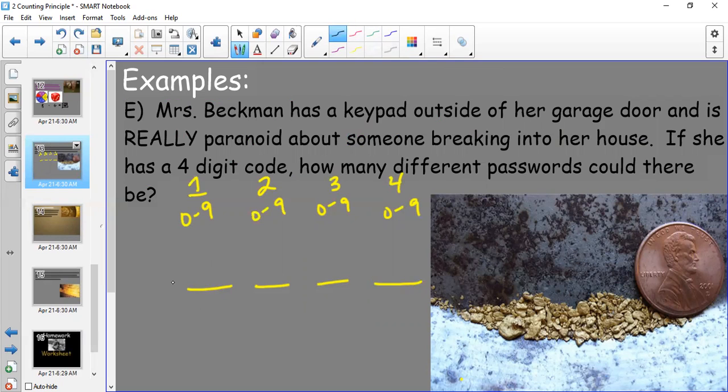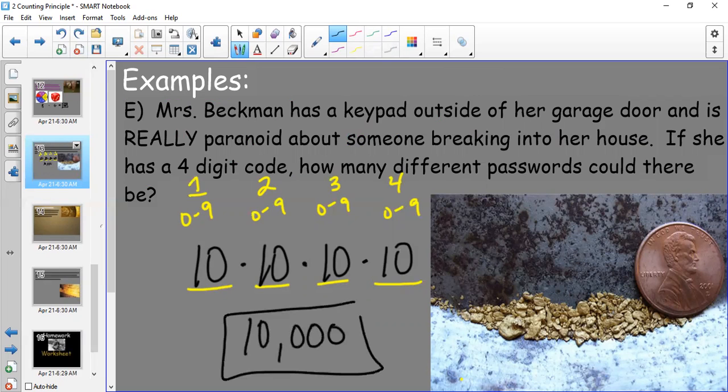My possibilities or outcomes on the first digit are 10. On the second digit, also 10. Third, also 10. And fourth, 10. Because those are the numbers 0 through 9. There's 10 of them, 1 through 9 plus 0. The counting principle says, multiply those together. There are 10,000 different possibilities for a 4-digit passcode.